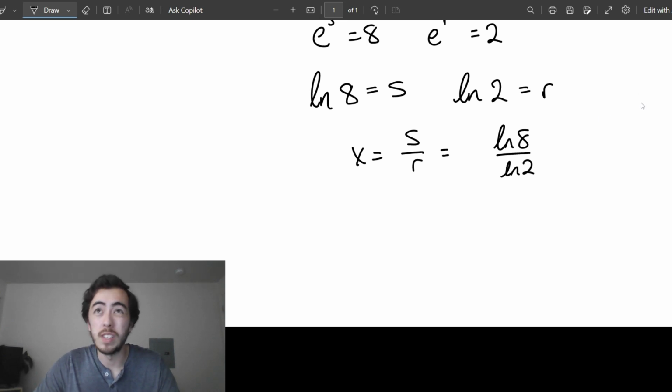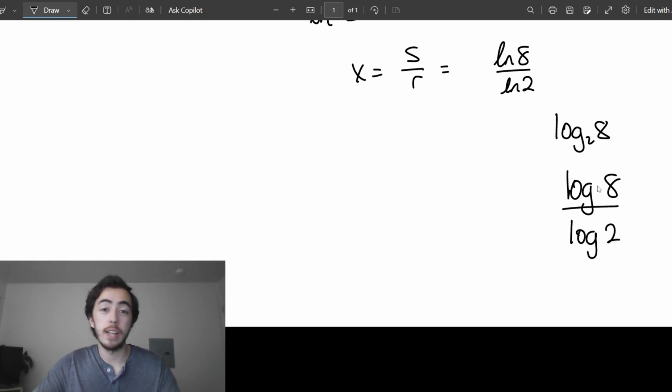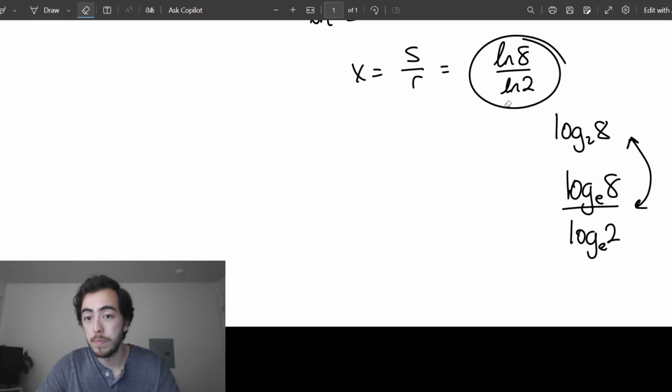I'm going to use the change of base formula, but in reverse. I know that if I had, say, log base 2 of 8, I could use the change of base formula here, where I could do log of 8 over log of 2. And I could pick any base I want, and these two things are going to be equal to each other. So if I pick the base of e, I'm going to get exactly what I had before.